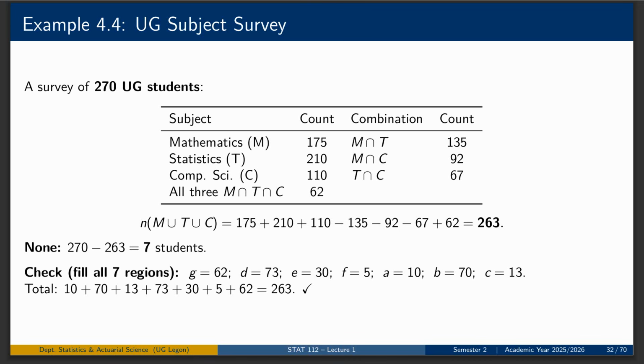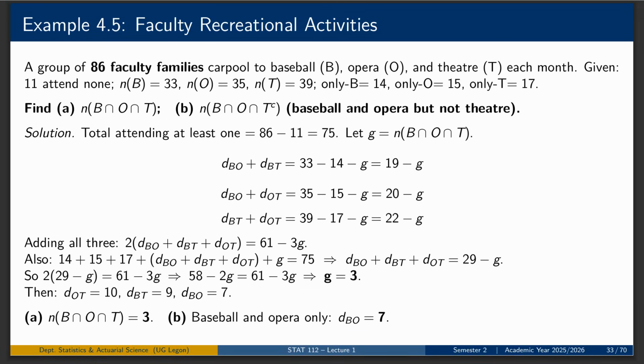So we can use this to fill in the gaps in our Venn diagram. So please draw it and put all the values you get in each part of this Venn diagram.